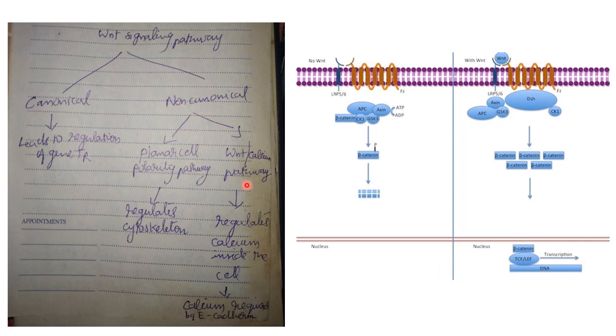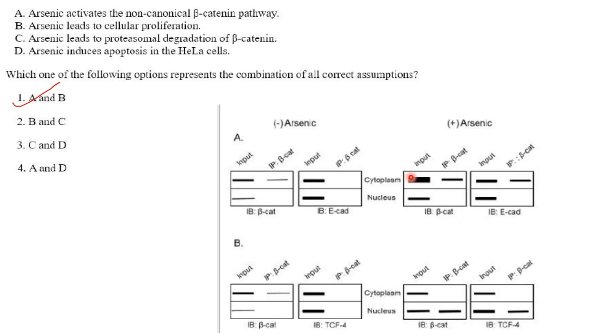So E-cadherin is for non-canonical pathway. And finally, when beta-catenin enters into the nucleus and is bound to TCF, it results in cellular proliferation. Remember that also. Now coming to the question.